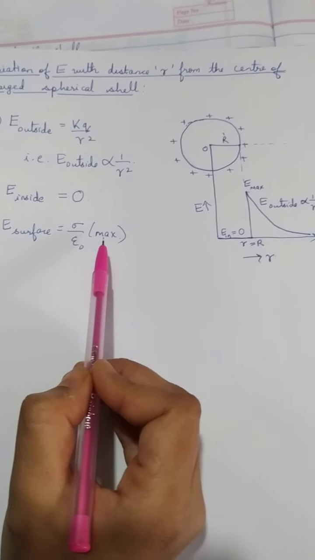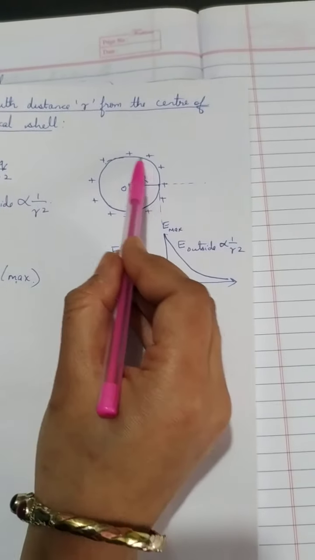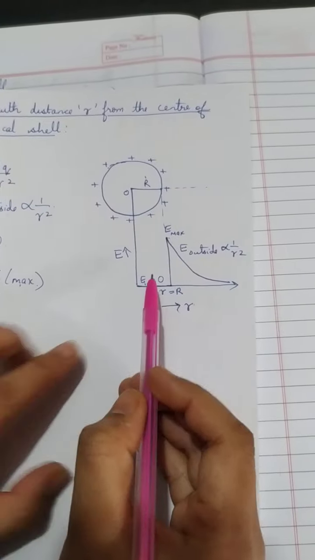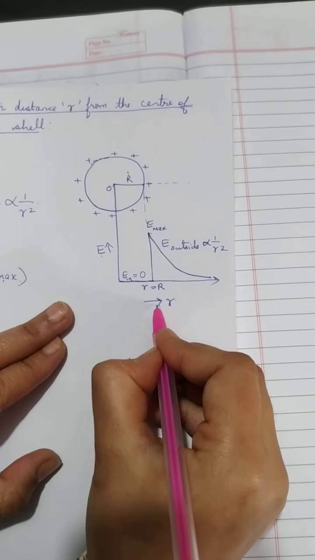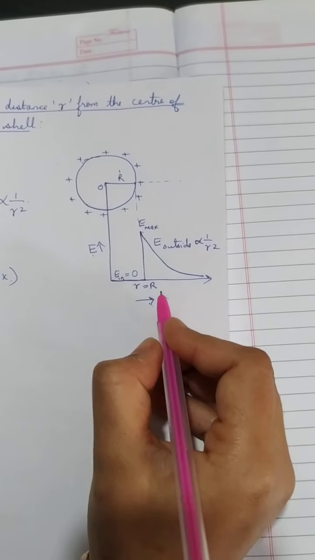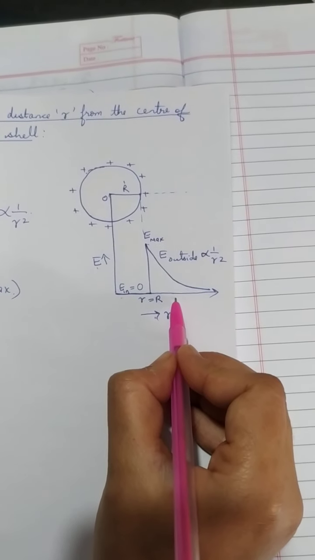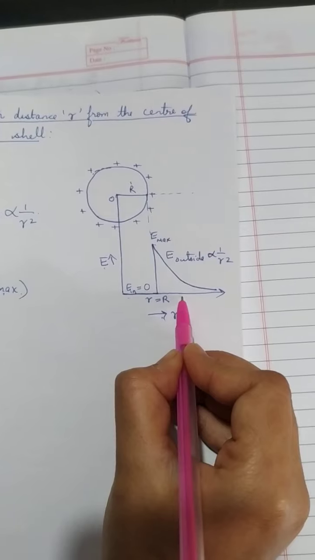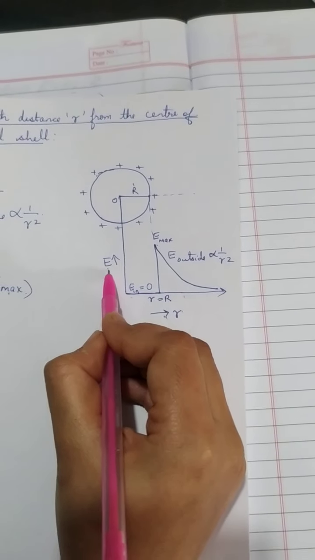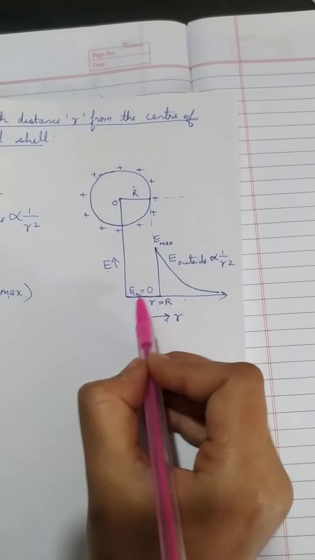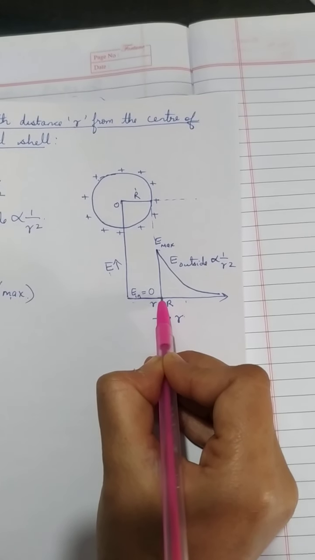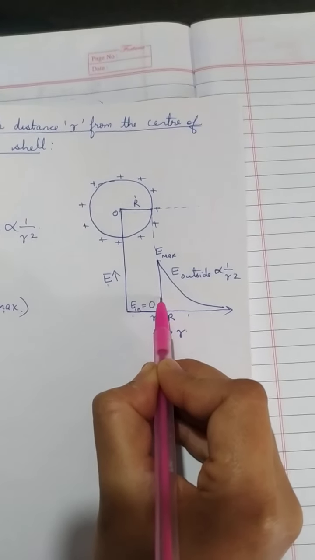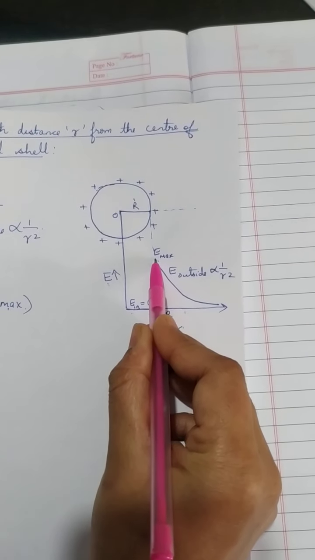Let's have a look at this with the help of a graph. This is the sphere. Okay, we are plotting E on the y-axis and R on the x-axis. That means with respect to distance from the center of the sphere, we are plotting the value of electric field intensity. Inside the shell there is no electric field, so E inside is equal to 0, and it reaches the maximum value as soon as you reach the surface of the sphere.